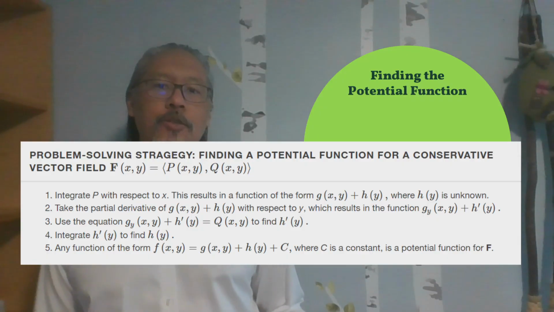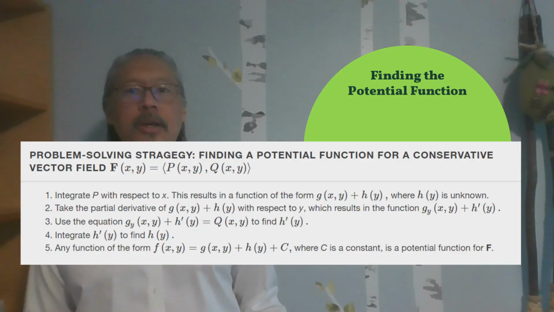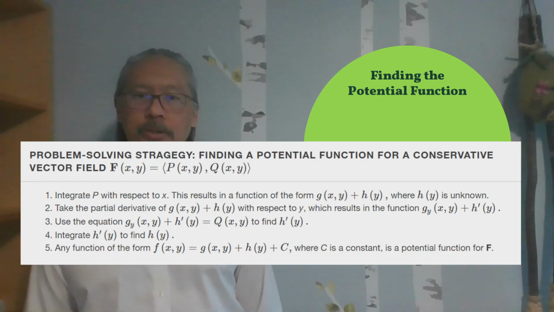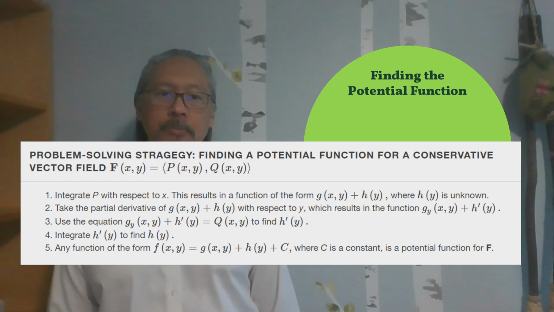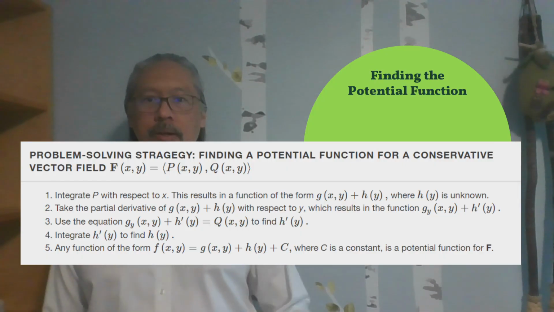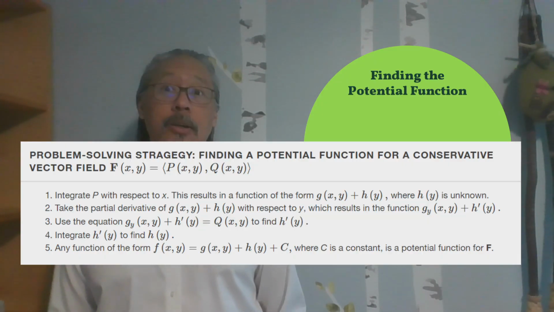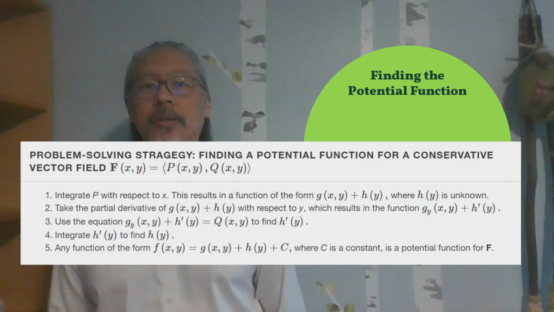If we're given a vector field, which is a vector of derivatives, can we obtain the original function? That original function is called a potential function. And in this section, we're going to learn how to find a potential function for a given conservative vector field.